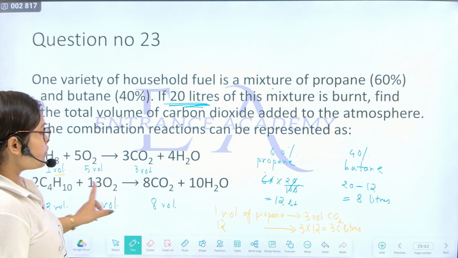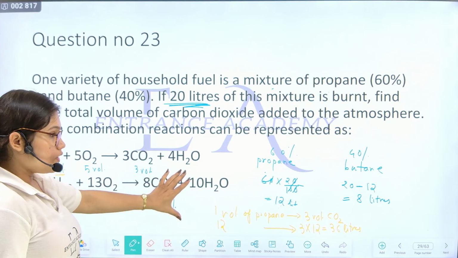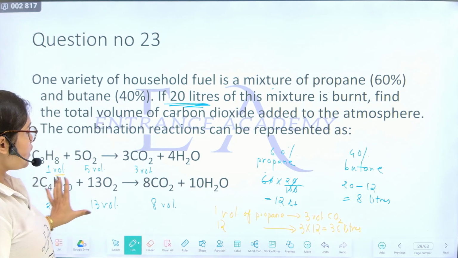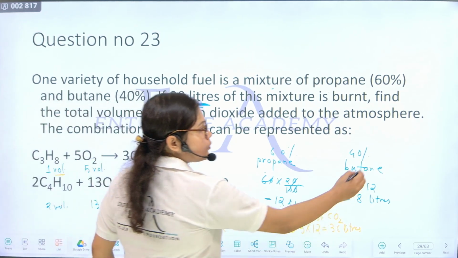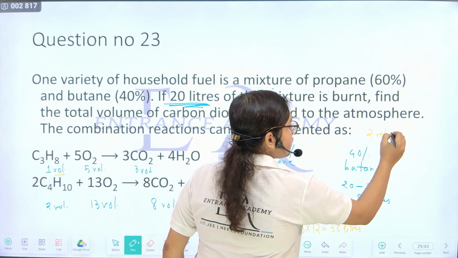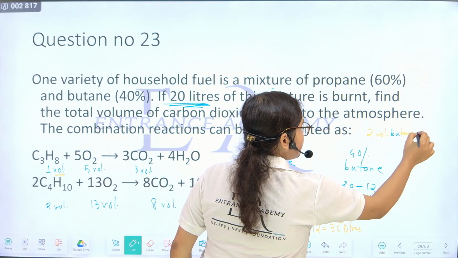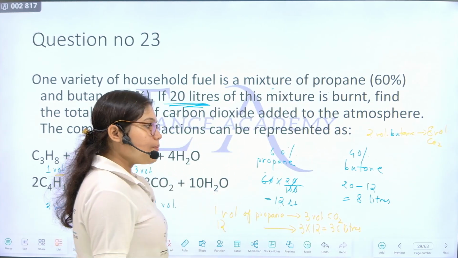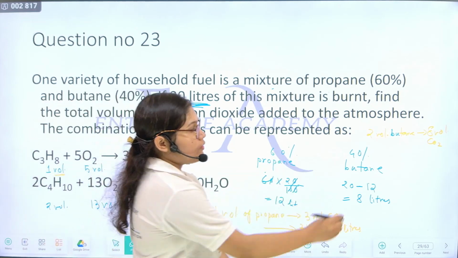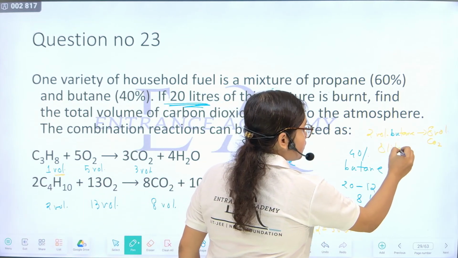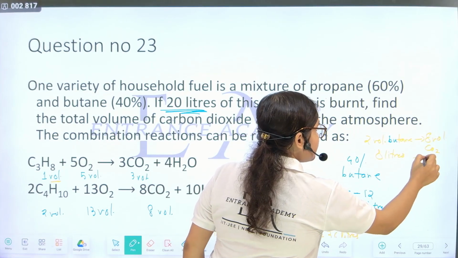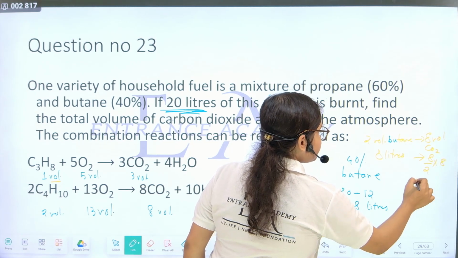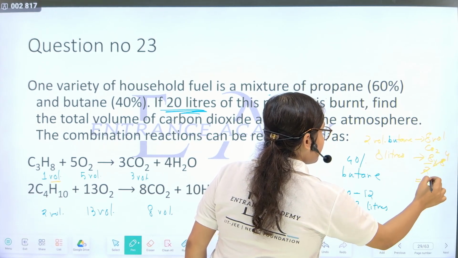According to the given equation, 2 volumes of butane give 8 volumes of carbon dioxide. If 40% butane is there, that is 8 liters of butane. If 8 liters of butane is present, then by the simple unitary method, the answer is 32 liters.